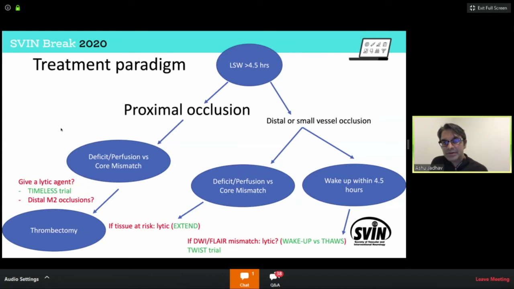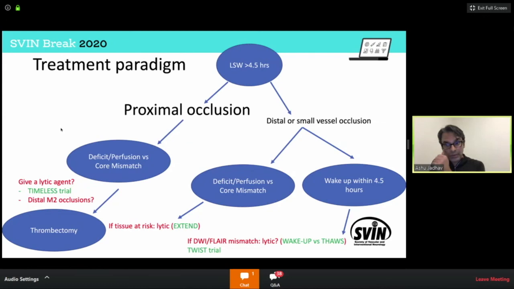Patients who have a distal or small vessel occlusion and present with a target mismatch like that used in the EXTEND study could conceivably receive lytics. And again, they tend to be lower NIH, about 10 to 12. Remember, in EXTEND, about 70% of patients did have a large vessel occlusion, so this may not be applicable to most patients.